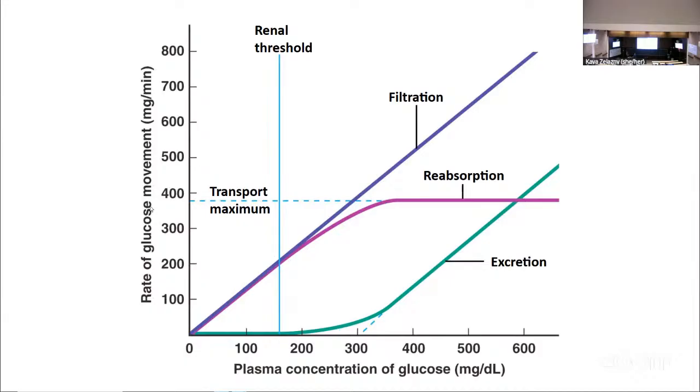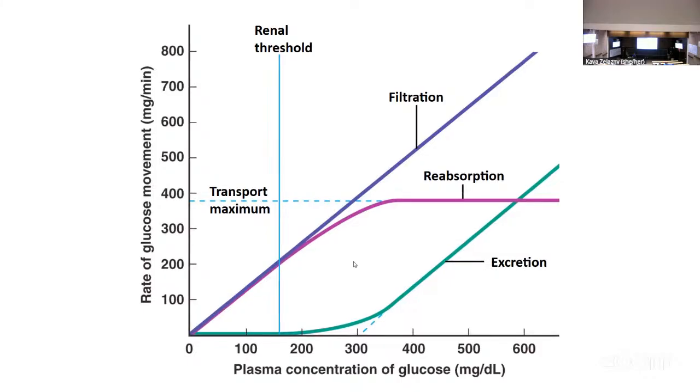So that's how this works in practice when we're measuring these values. You can use this to track blood glucose. You could also potentially use values like this, not necessarily of glucose, but for other substances, to measure how well the kidneys are working. When we think about reabsorption, filtration and excretion, one of the things we're sometimes trying to figure out is whether the nephron is functioning appropriately.